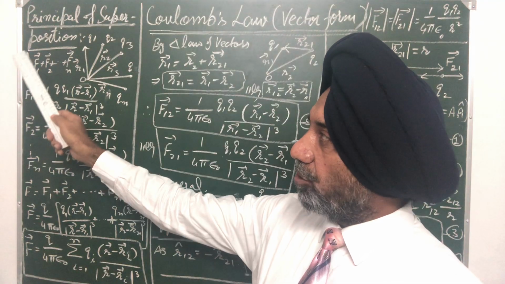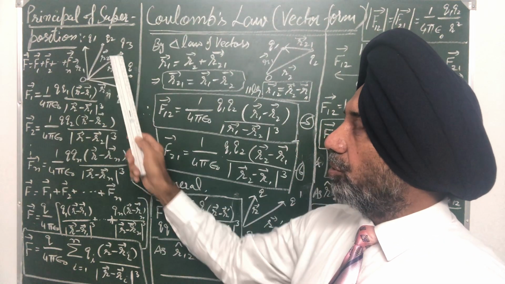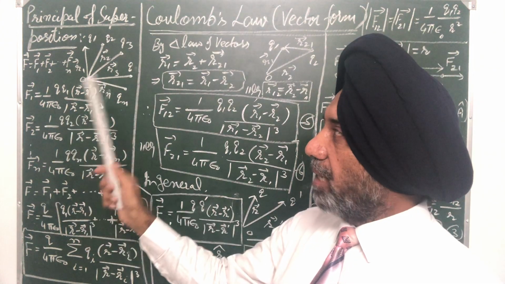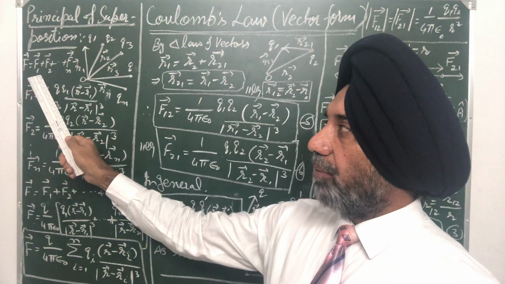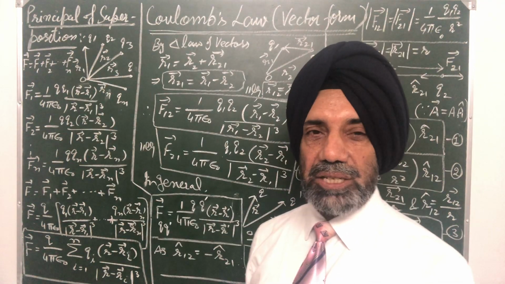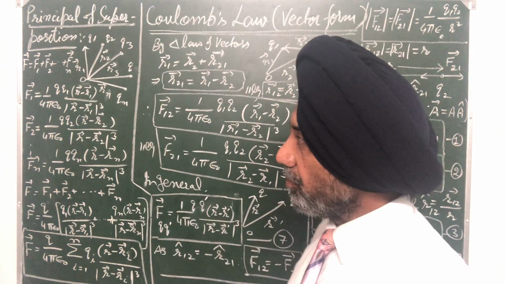So the total electrostatic force on the test charge Q experienced by Q1, Q2, Q3 and Qn, all the n charges, is the resultant force F, which will be equal to F1 vector plus F2 vector plus so on plus Fn vector, that is the vector sum of individual forces. This is known as the principle of superposition.